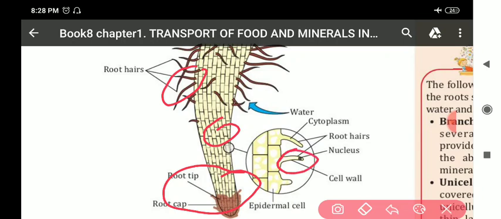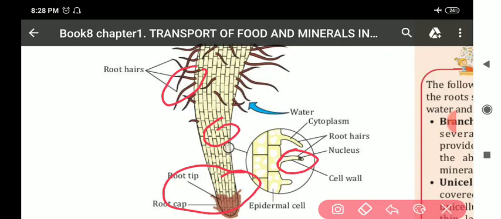So, a small root also contains thousands of root hairs, and these root hairs increase the surface area so that the water and minerals can be easily absorbed from the soil.